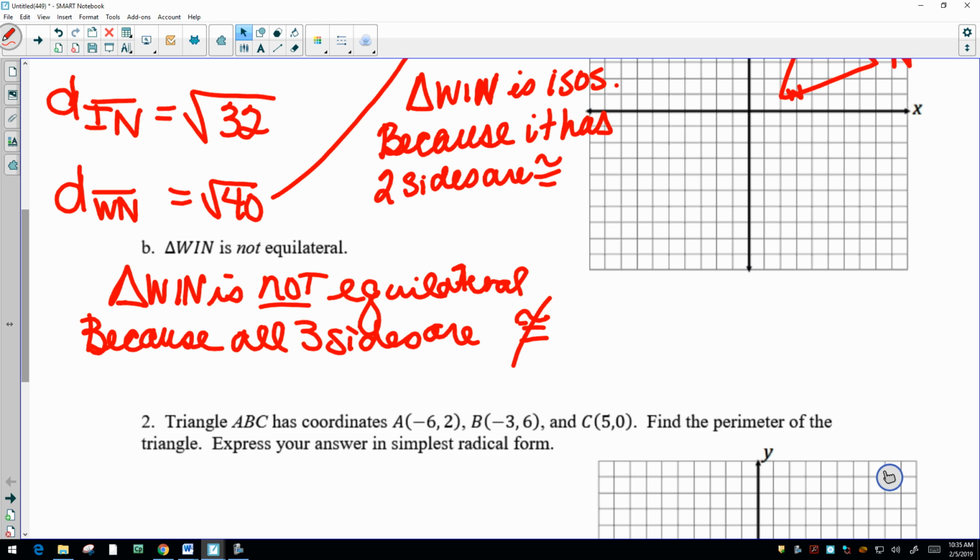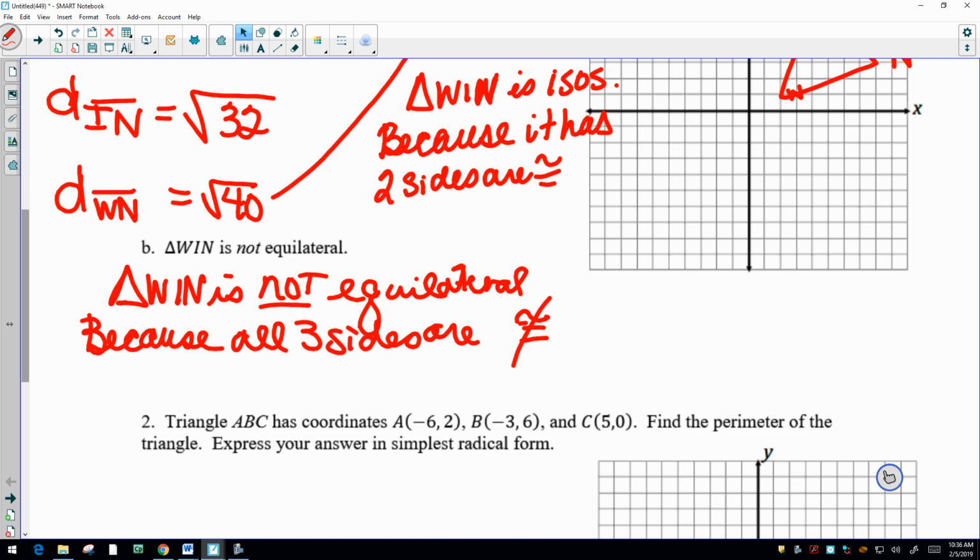Nothing really changes when you do a triangle coordinate proof versus a four-sided figure coordinate proof. The only thing that changes is you have one less side. A question I have seen come up before that is not on this sheet: if they said to prove the triangle is a right triangle, how would I do that?